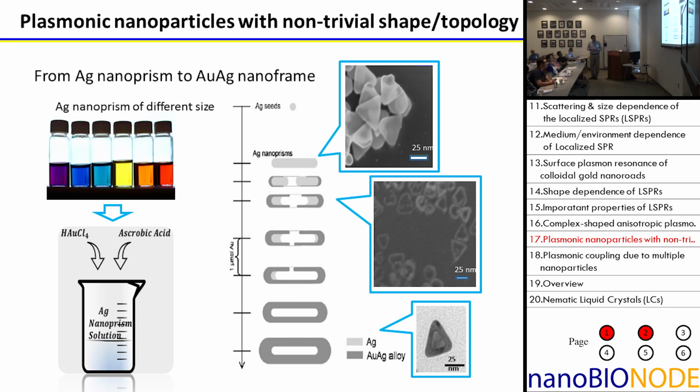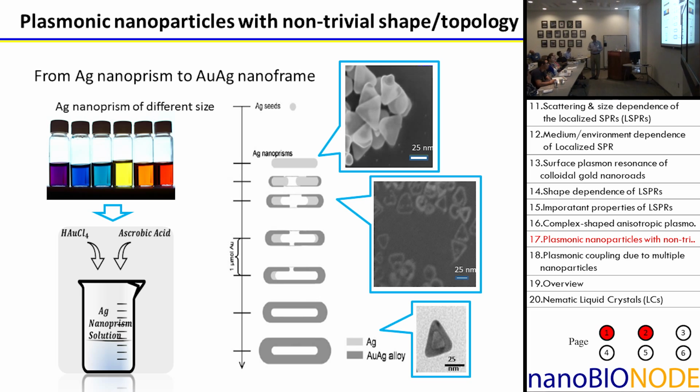So first, one could start from silver nanoprisms that you can see in here, and those can be obtained with different lateral sizes, so that the color appearance in a solvent will be also different. And here you can see examples, right?